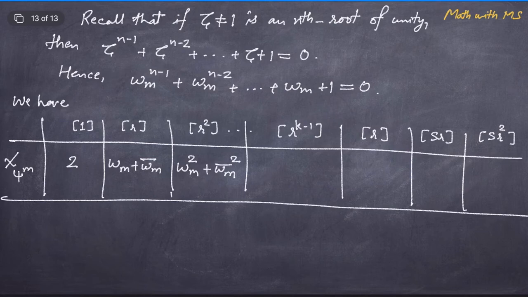Okay, you can directly just compute the square of the matrix and higher powers and so on, and as you go like this you get the trace of the matrix A to the power k minus 1 will be omega m to the power k minus 1 plus omega m bar to the power k minus 1. Character value of psi m at r to the power k is trace of the matrix A to the power k, and which is omega m to the power k plus omega m bar to the power k.